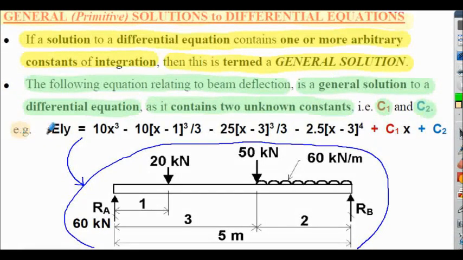So here's an example of an equation. We've integrated twice to get this expression. And notice we have the C1x and the C2 on the right hand side. And because we've integrated twice, we have two constants of integration. Purely for your reference, this equation relates to this beam configuration shown here.